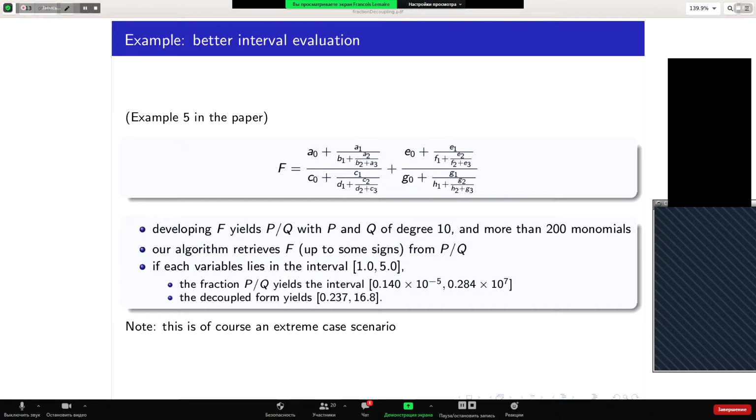If you perform the interval evaluation, you have a huge improvement, because if you use a decoupled form, you get this interval, and if you expand the fraction and perform the interval evaluation, you get this interval, which is much larger. But of course, this is an extreme case scenario.